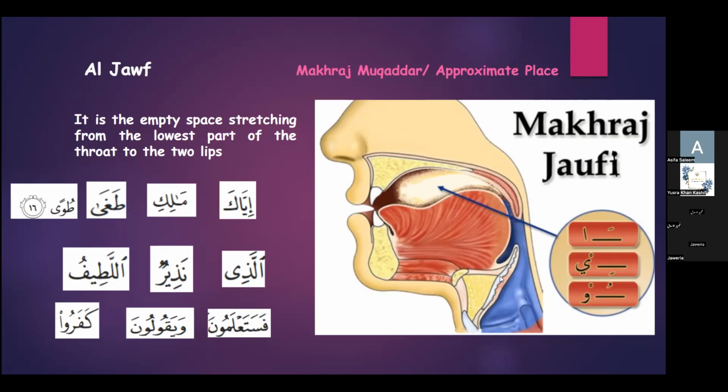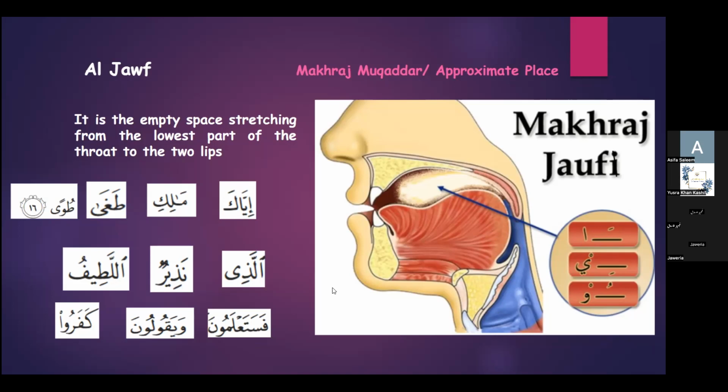So الذي, and if I lengthen it more, just to find the makhraj, this is how it looks. The makhraj for the dhal is from the front part of the tongue touching the edges of the upper front two teeth. Once it's released from its makhraj, extra lengthening is taking place from this empty place.